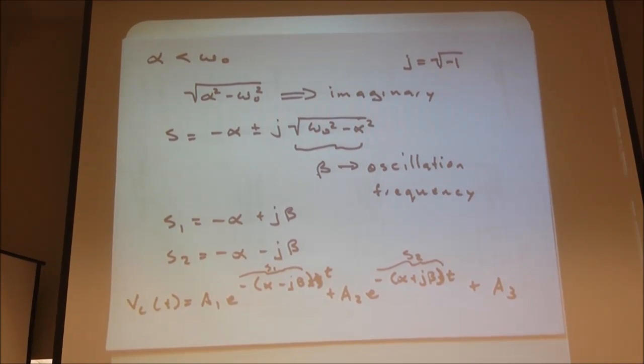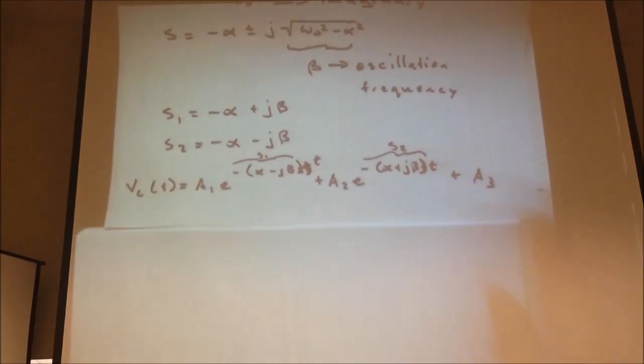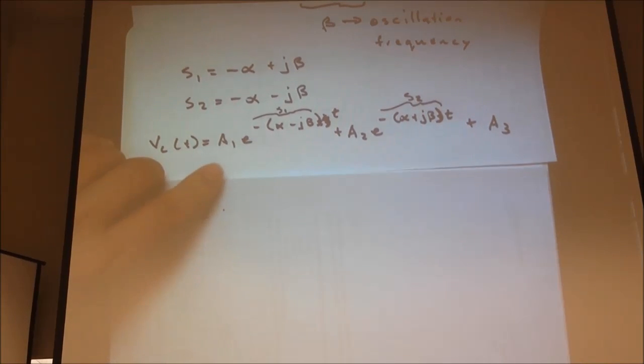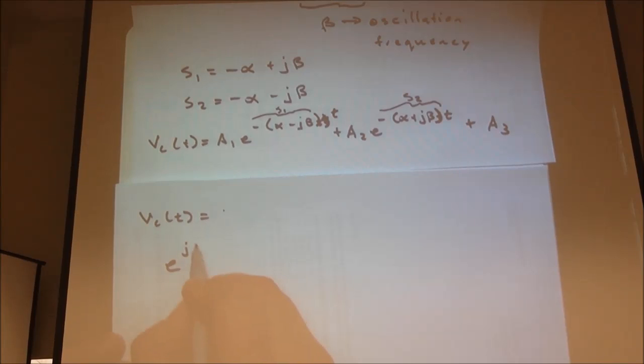So, I personally love complex numbers, partly because I'm an electromagnetics guy. And you will too at some point in your life. But for the moment, let's rewrite this one more time. Well, before we do that, anybody know what we can do here?